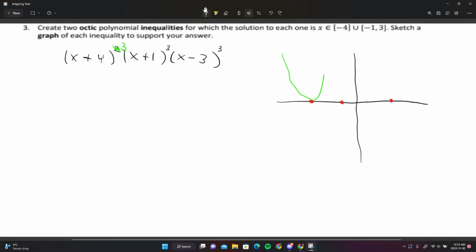So it's important to note that the order of the function really matters when plotting out this graph, and plotting out when the function is greater than or less than 0. So let's plot this out right now. First, we're going to come down from quadrant 2. We're going to do a parabola shape at the x-intercept. Then we're going to come down and do that weird flex thing that you get when you have an order 3 function.